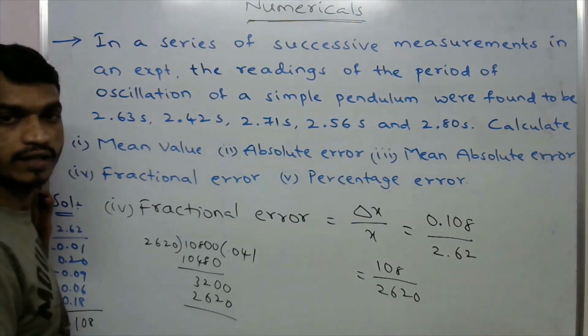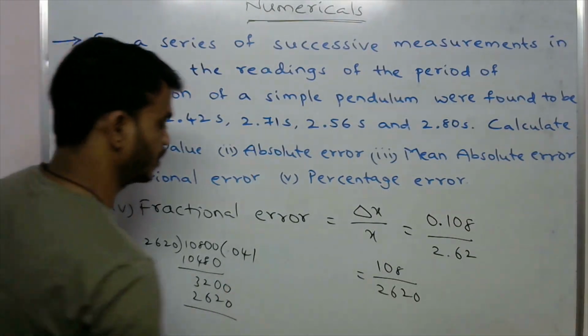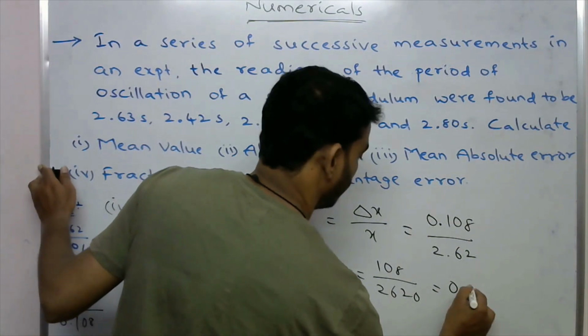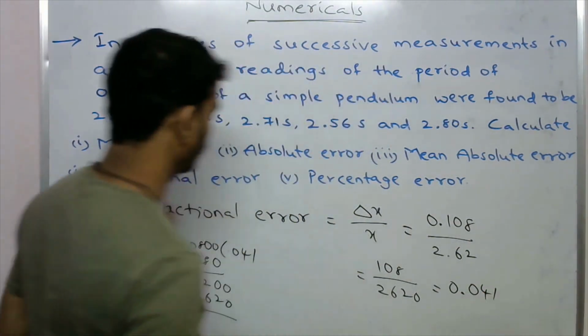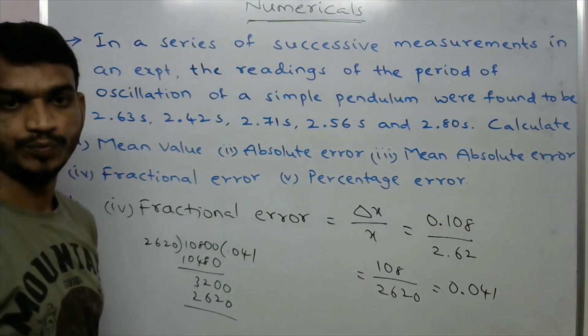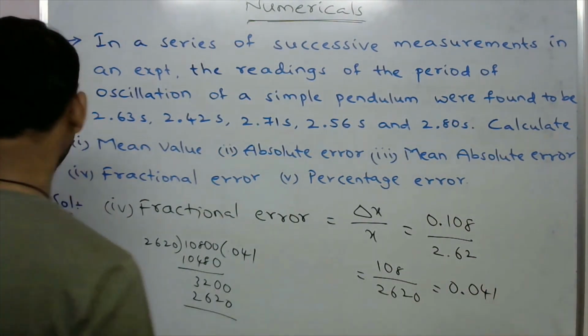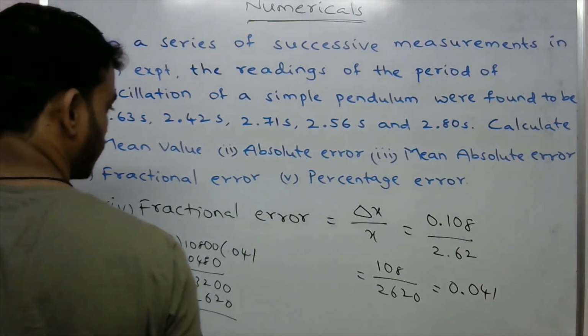Okay, so 0.041 is the value. So this is 0.041. This is the fractional error value. Okay, so by using this fractional error, we will find out the percentage error. So what is the percentage error?